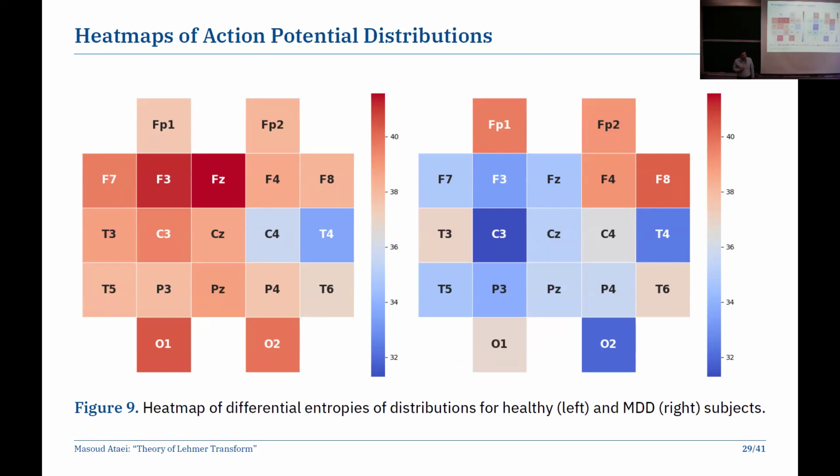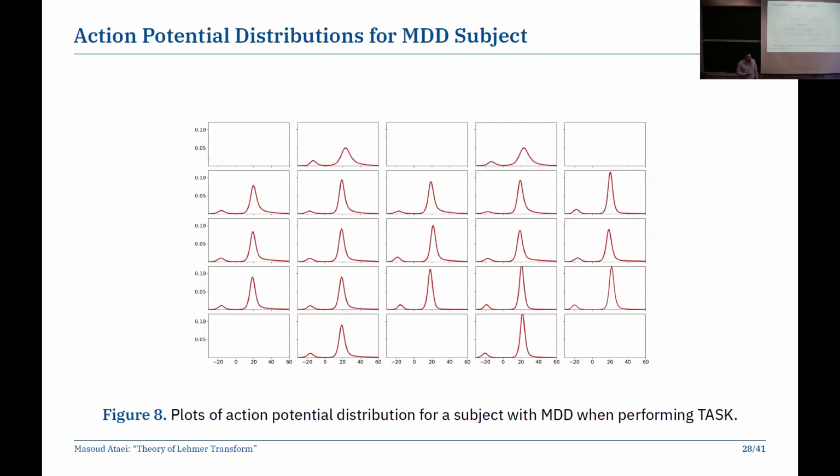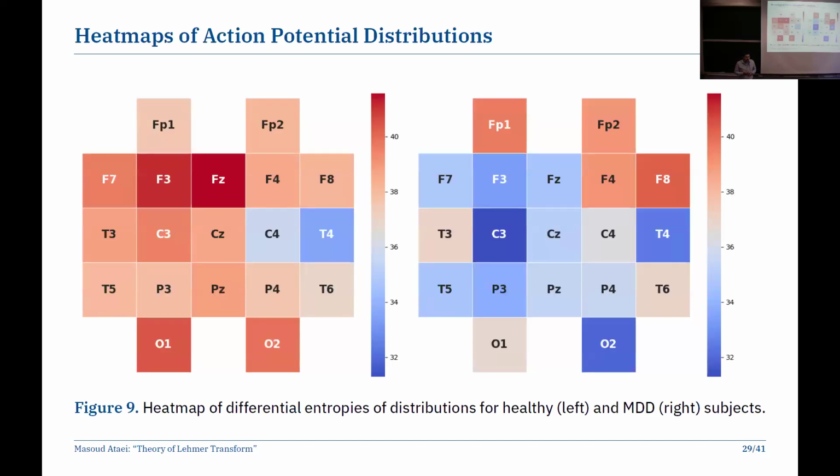This is the heat map of differential entropies computed for each of the distributions. We have 19 distributions here. For each of these 19 distributions, we compute the differential entropy, which measures the information contained within that distribution. In the heat maps, the warmer colors show higher activity or higher entropy, and cooler colors show low complexity regions.